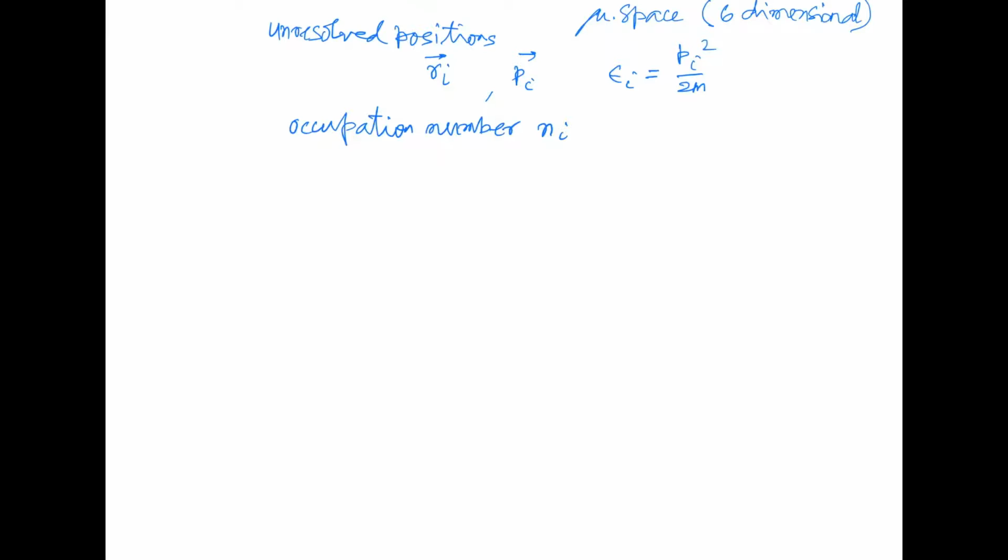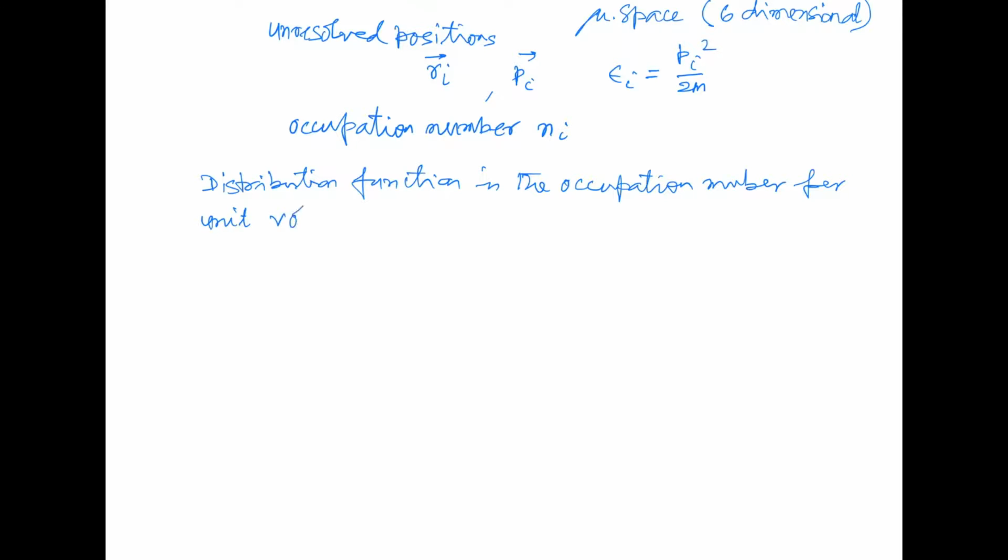The distribution function is the occupation number per unit volume of the cell.